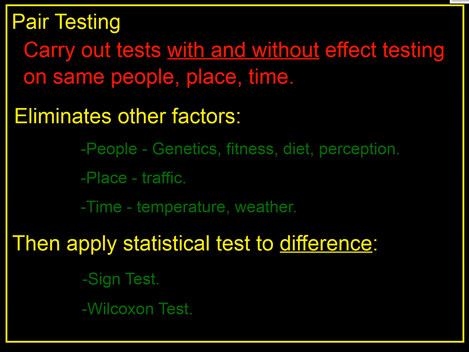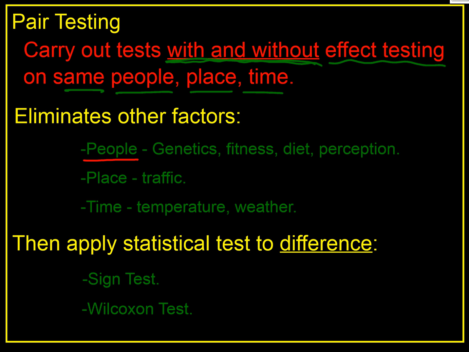So here's my little summary as ever at the end. So pair testing, the benefit is when we're carrying out our test, we're doing that for the same person, same people or place or time, and we're doing it with or without the effect we're testing. So in this case, it was a drug. It was either the drug or not the drug, and we're testing the results for both of those situations with the same people, and it eliminates other factors.